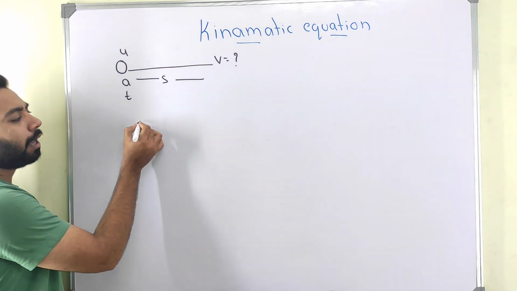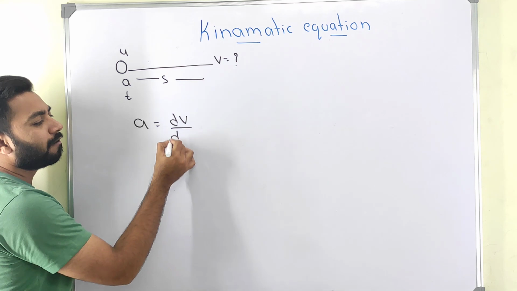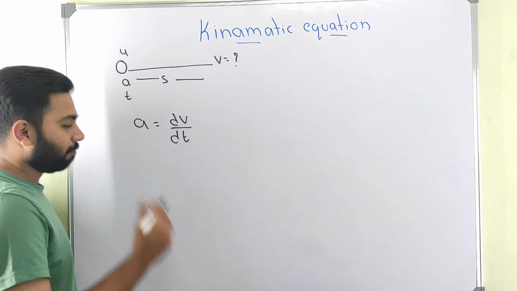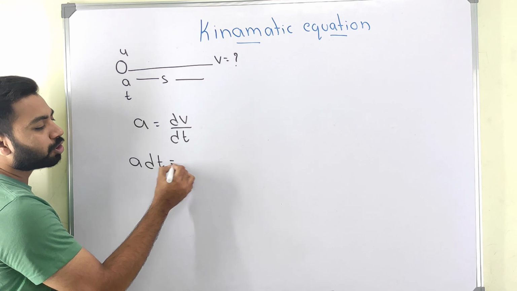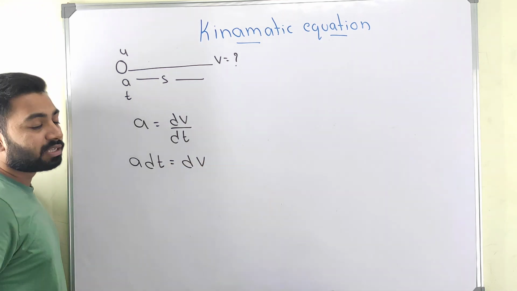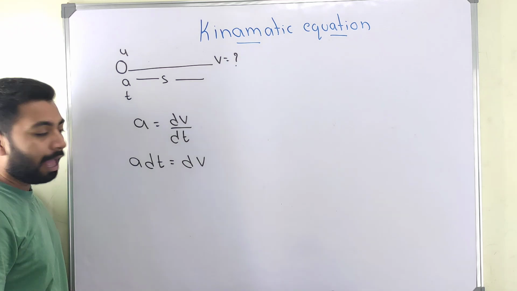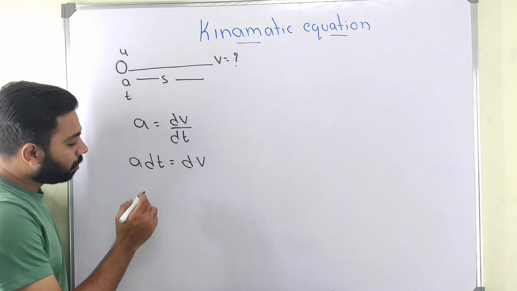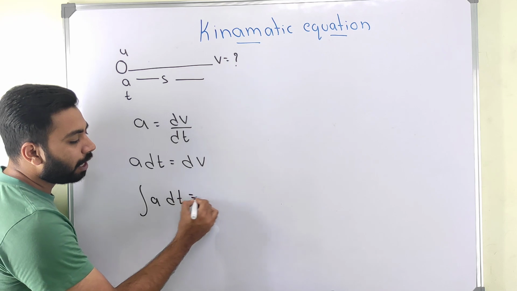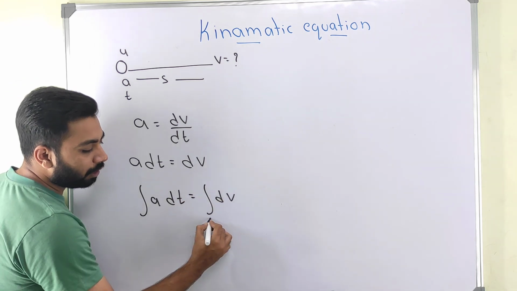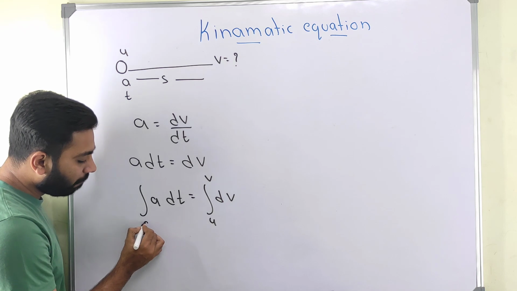We know acceleration is equal to the rate of change of velocity. I can write this as a dt = dv. Now, going from initial to final, I can integrate this. Integrating a dt and dv, when my velocity was initial u, my time was 0.